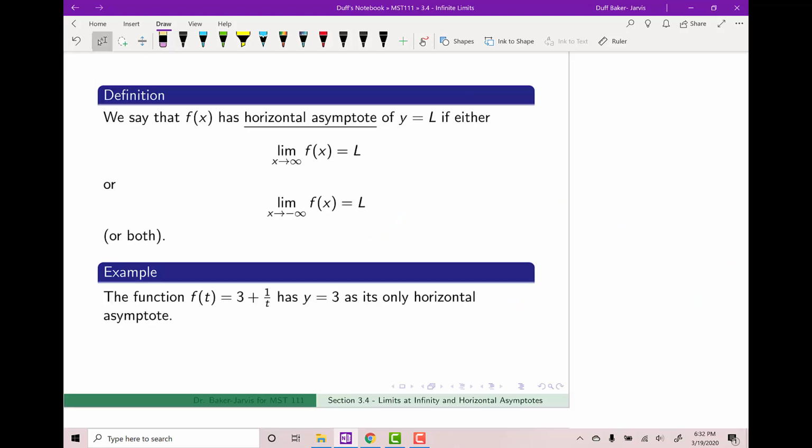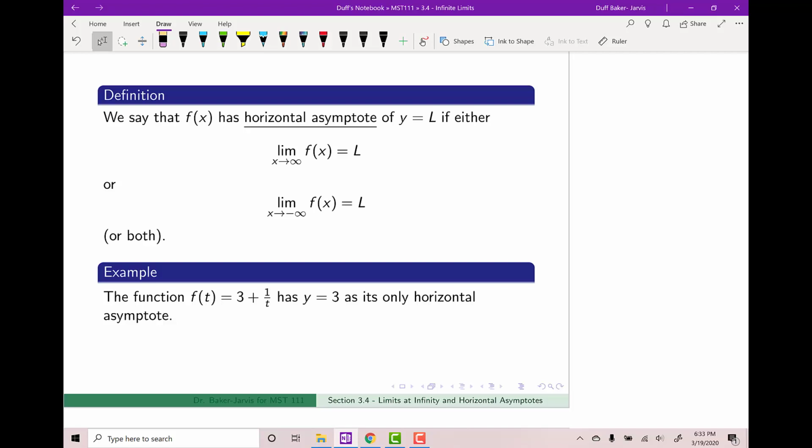So we've talked before about a vertical asymptote. A vertical asymptote is when the input is approaching a single number and the outputs are becoming unbounded or going off to infinity.